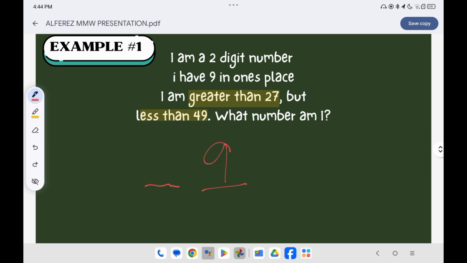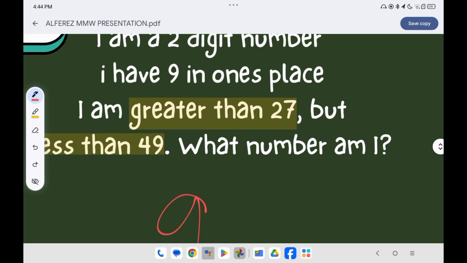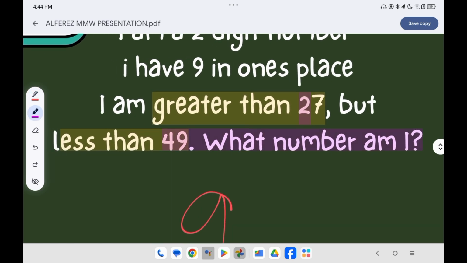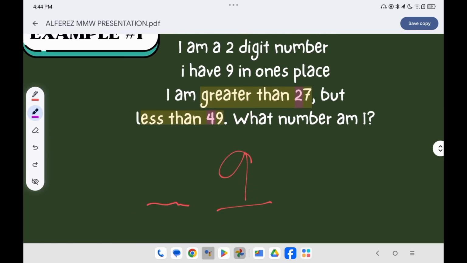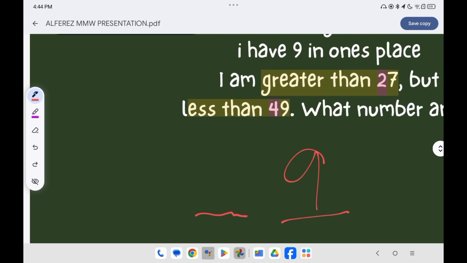That's it. It's the correct one. Now, all we are missing is the first digit. In order for us to guess the right answer, check also the given numbers. What do you think is the number greater than 2 and less than 4? To understand it clearly, let me explain it further by providing this as our guide.